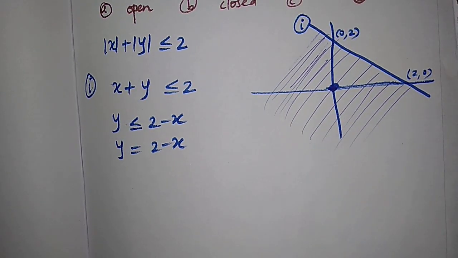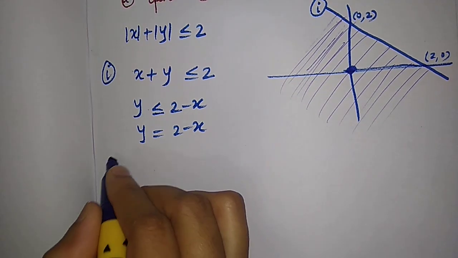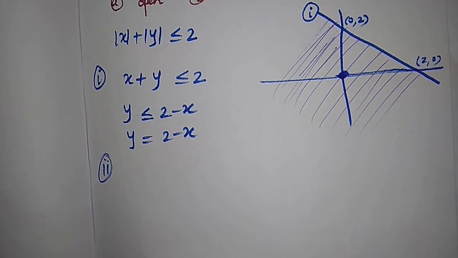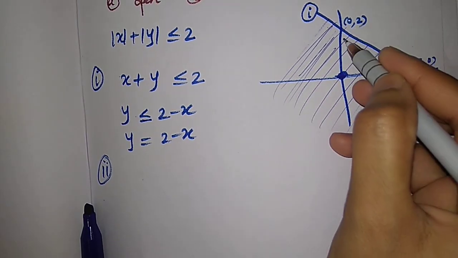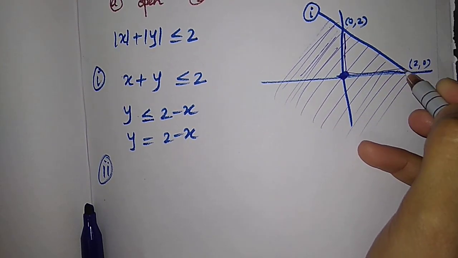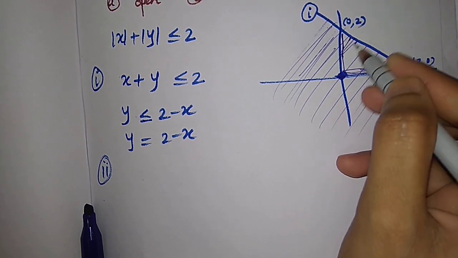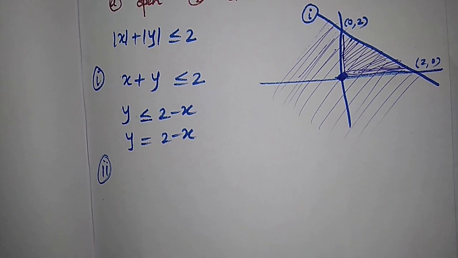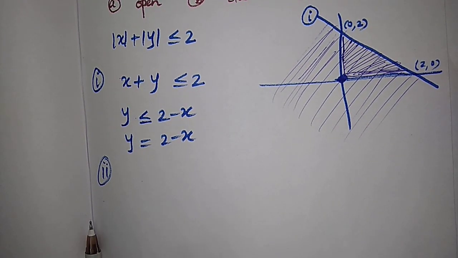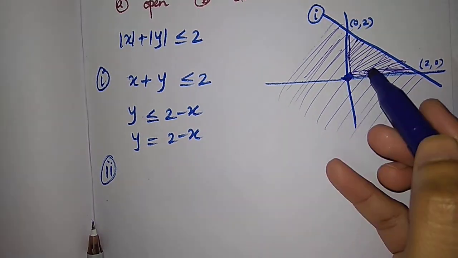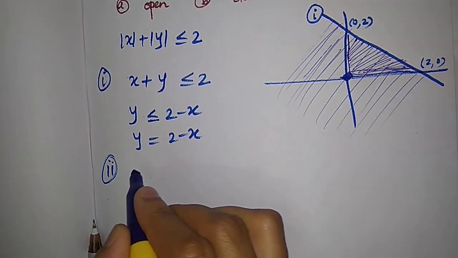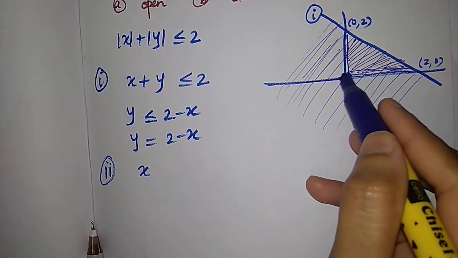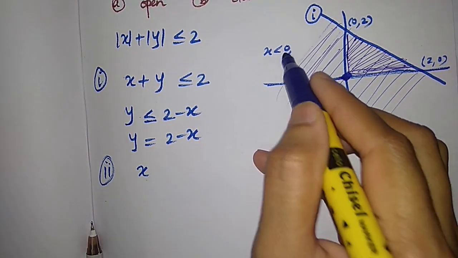So now let us go for the second part. In the second quadrant, sorry, this is not here because we are just in the first quadrant. So this is the region. Now in the second quadrant, mod x is equal to minus x, because here x is negative and y is positive.